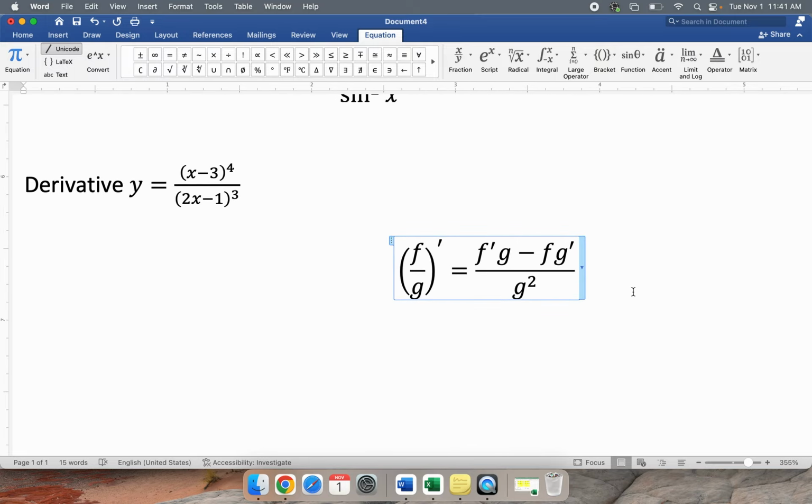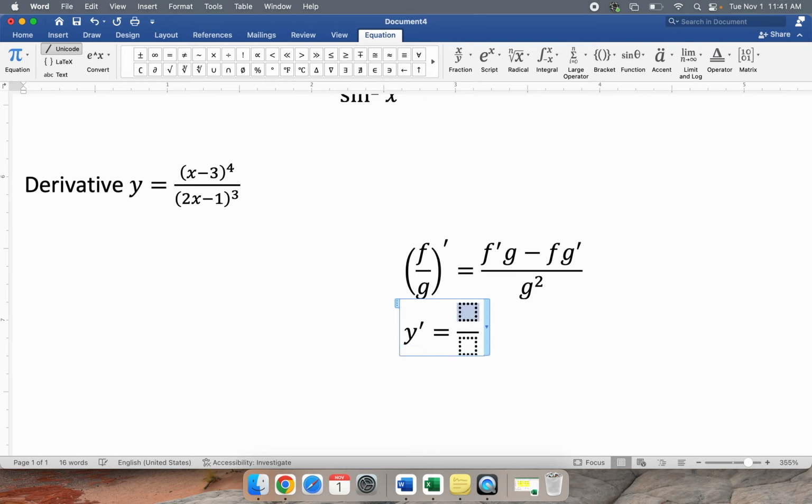So what will our derivative y prime be? Well, first we need to take the derivative of the top, right? That's going to be your f prime, times the bottom left alone. The thing is, though, you might notice that the top and bottom functions are themselves fairly complicated, like they're compositions. And so I think that it's actually safer, instead of trying to figure out the derivative of this function right now, I'm just going to put it in brackets and write a prime.